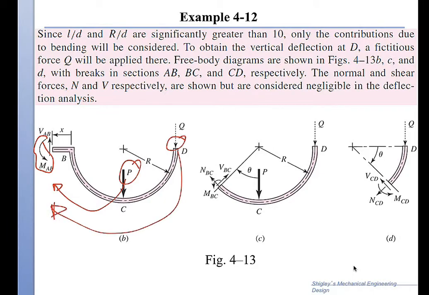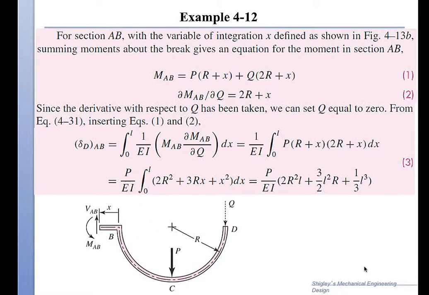So that will be the equilibrium. It would be P times this distance. This distance here is the radius plus x. And then it will be Q times this distance, and this distance is twice the radius plus x. That gives me the moment at AB, at a general point, a general distance x. So the moment is given as we indicated.